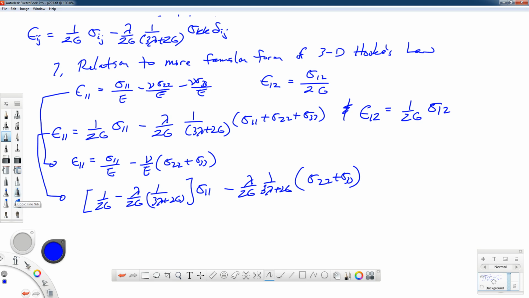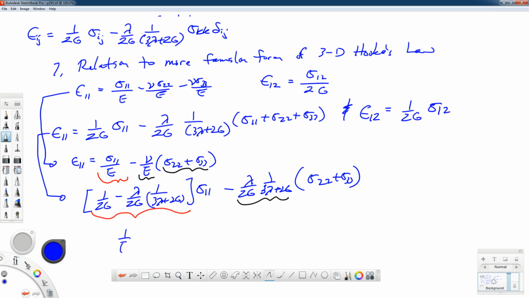Now, the reason why I wanted to do that is because now we can equate coefficients. The coefficient of the sigma 11 term is this one right here, and the coefficient of the sigma 22 plus sigma 33 term is this expression right here.